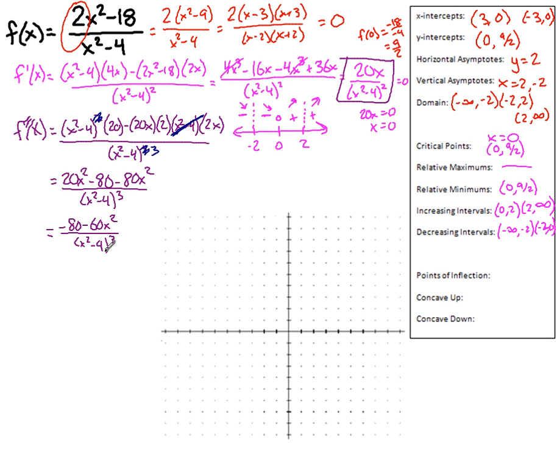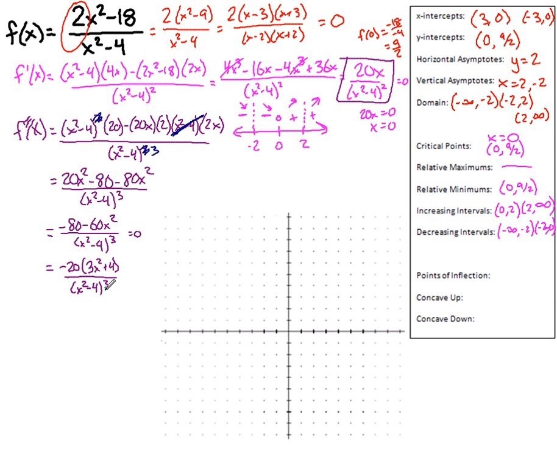To find points of inflection, I'm still going to set this equal to 0. I can still factor that top part even more. I could pull out a negative 20. That would leave me with 3x squared plus 4. My bottom stays the same, x squared minus 4 quantity cubed.